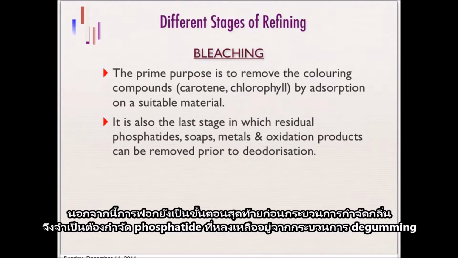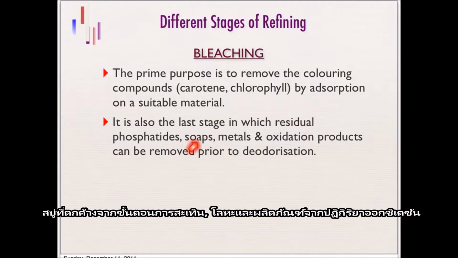Bleaching is also the last stage prior to the deodorization process. So it is important to remove any residual phosphatides from the previous degumming process, maybe residual soaps from the previous neutralization step, and any residual metals and oxidation products.